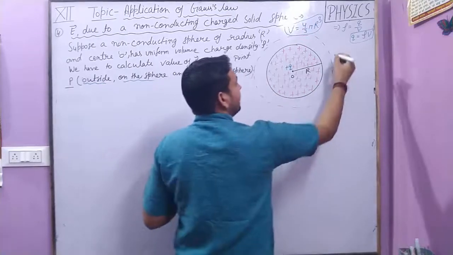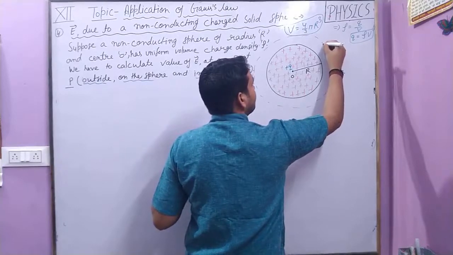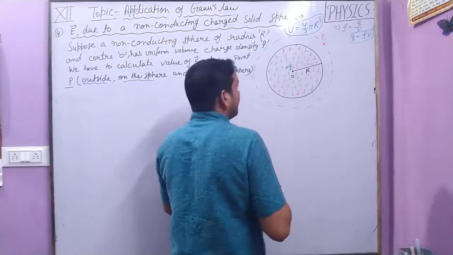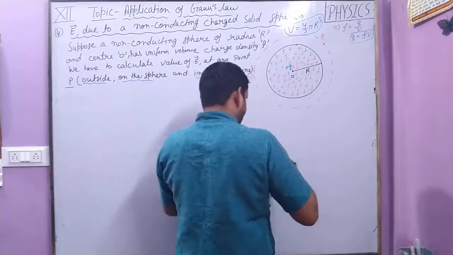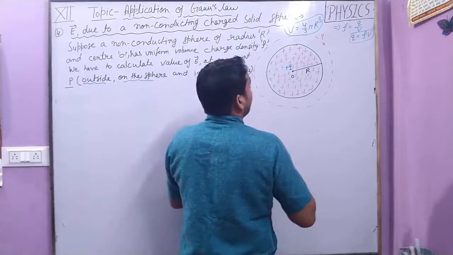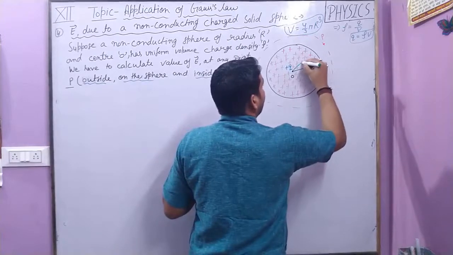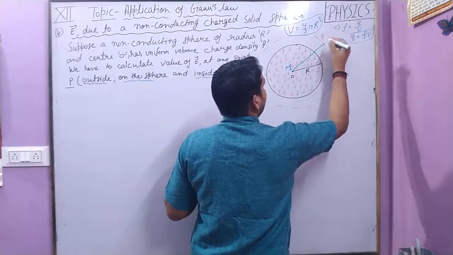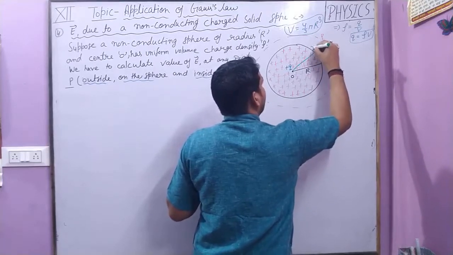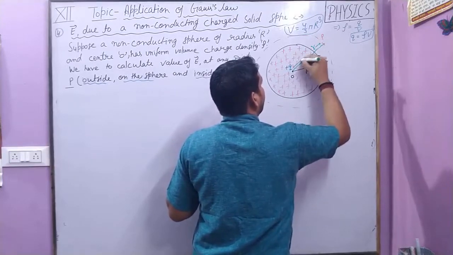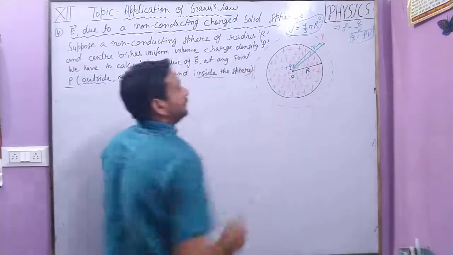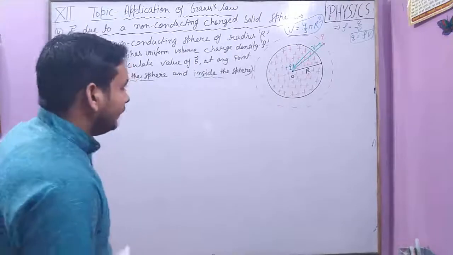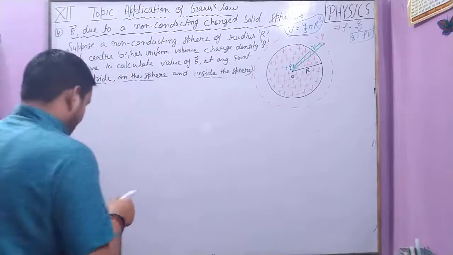Okay, let's say the point P is here. Now the radius of this point from the center is small r when the point P is outside the surface.